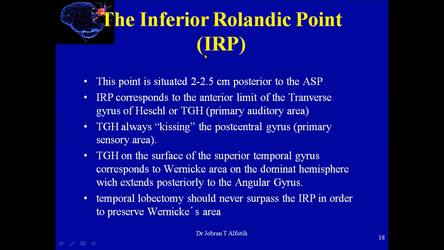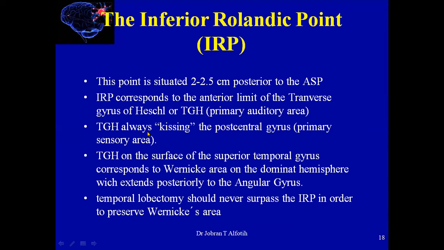So the inferior rolandic point. This point is actually 2.5 centimeters posterior to the anterior sylvian fissure. So this point corresponds to the anterior limit of the transverse gyrus of Heschl. The Heschl gyrus is the primary auditory area.